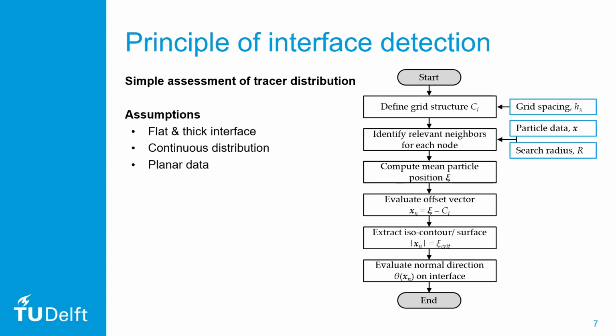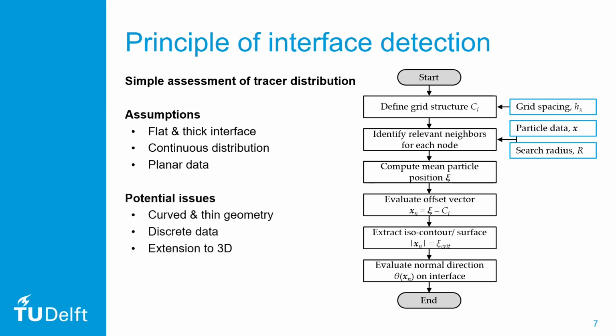So far we have assumed a flat and thick model interface, a continuous particle distribution, and a planar case, so 2D data. Now this will raise a number of issues, namely what happens if we look at curved and thin geometry, what happens if we look at discrete particle data as we are used to in PIV and PTV, and can we extend this model to 3 dimensions.